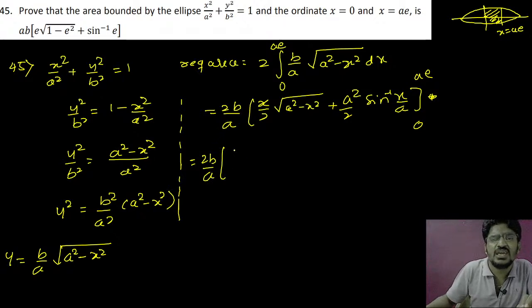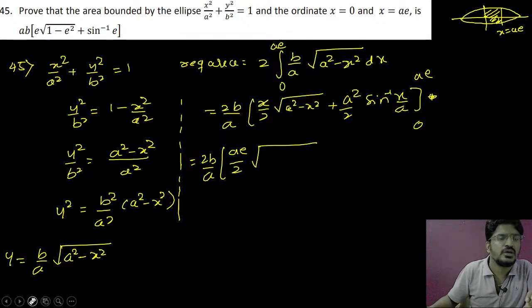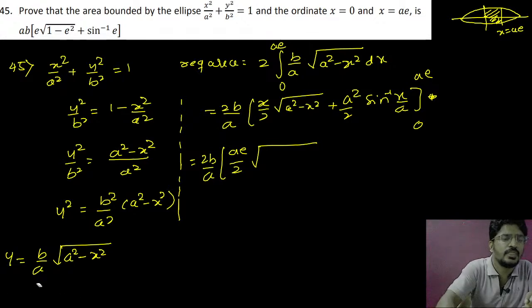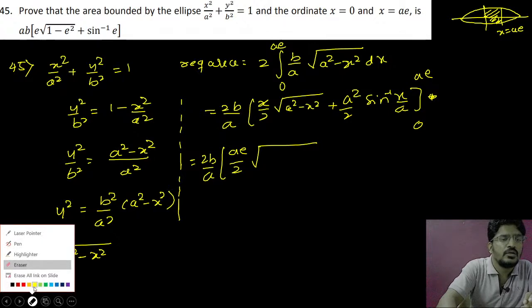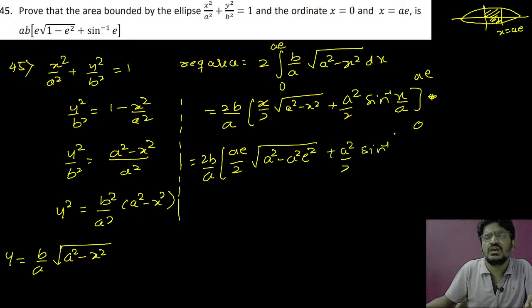Upper limit is ae by 2 root of (a square minus a square e square) plus a square by 2 sine inverse of ae by a. Lower limit is 0.